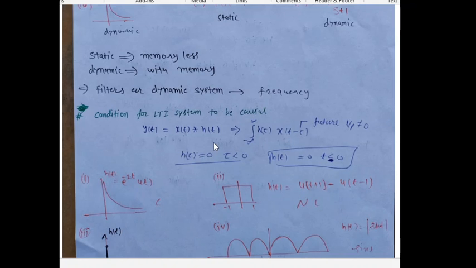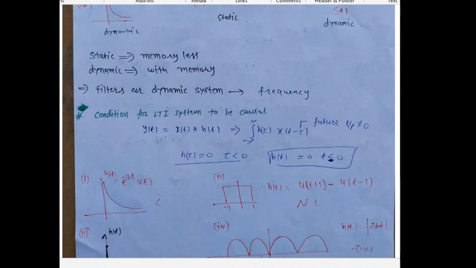So from this equation, the integral from minus infinity to plus infinity of s(τ) x(t − τ), for future input should not be given. So this is not equal to 0 and this should be 0 for causality for all τ less than 0.